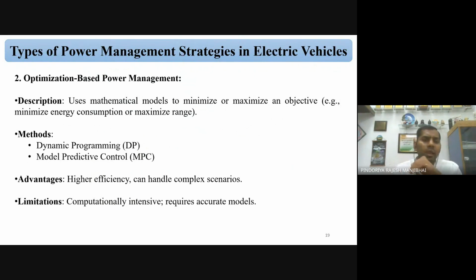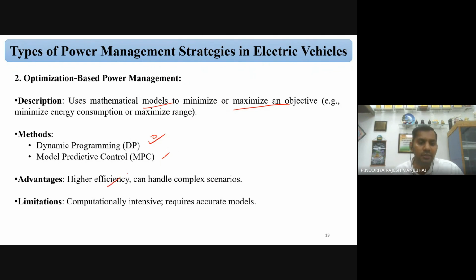Optimization based power management uses a mathematical model, because we have to do the optimization. So we have to use the mathematical model to minimize or maximize the objective. Okay. Method is dynamic programming, otherwise we can use model predictive control to optimize the power management.